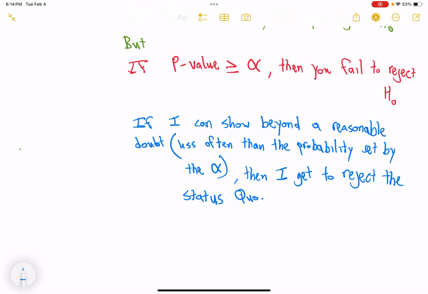So if I can show beyond a reasonable doubt that my sample data is very unlikely if the null is true.